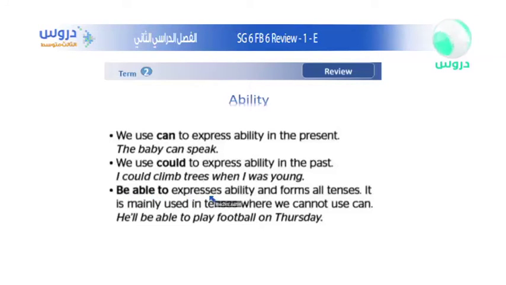Be able to expresses ability and forms all tenses. It is mainly used in tenses where we cannot use can. For example, he'll be able to play football on Thursday. We can't say, for example, he'll can.